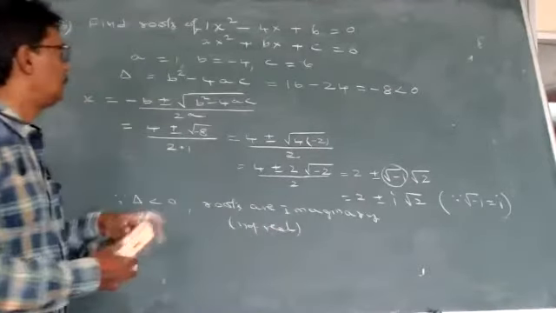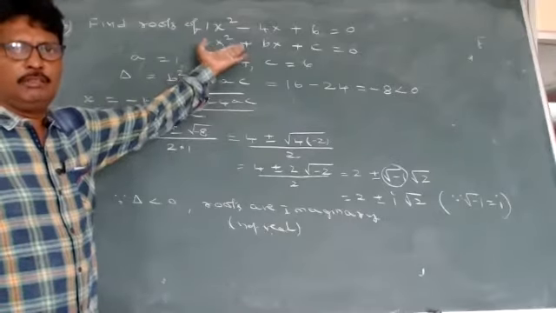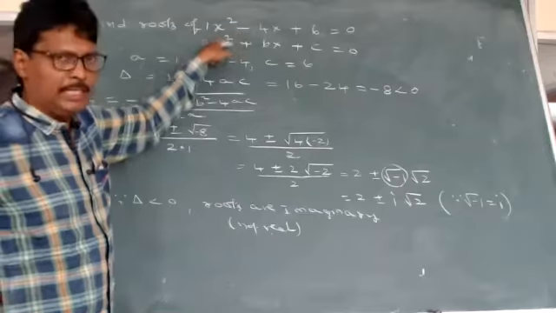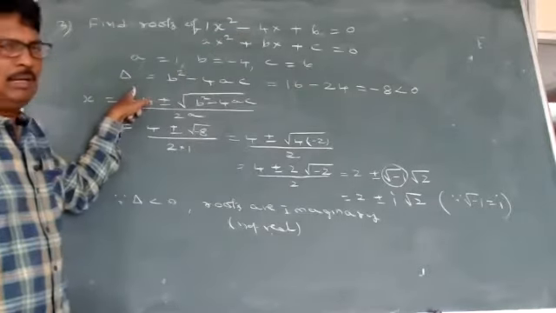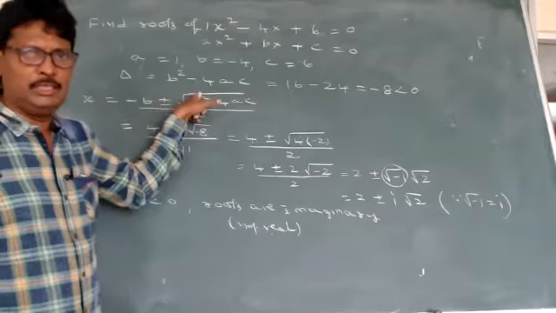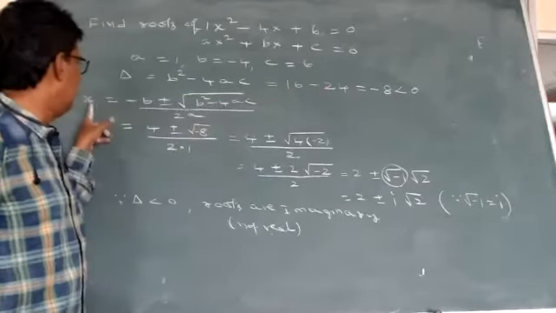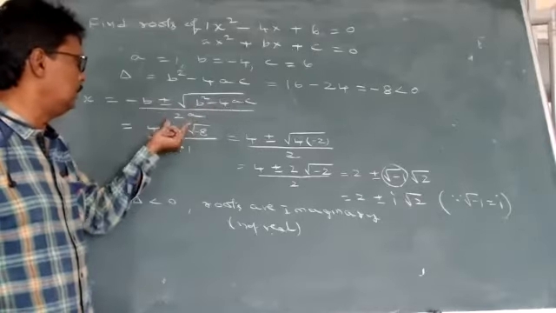Once again, we are going to find the roots of the equation. Here a is 1, b is minus 4, c is 6. Delta is b square minus 4ac, 16 minus 24, which is minus 8. x is equal to minus b plus or minus root of b square minus 4ac by 2a.